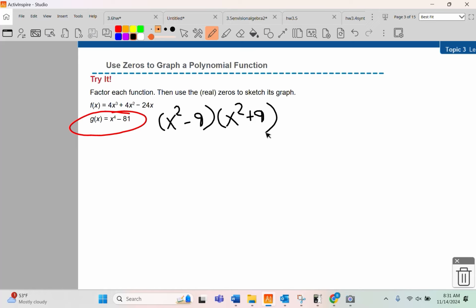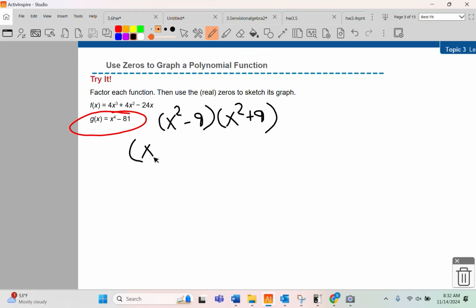I'm not going to. How's x squared minus 9 factoring? I know you know, you're just being quiet. Elizabeth, how's x squared minus 9 factoring? There you go, speak up.